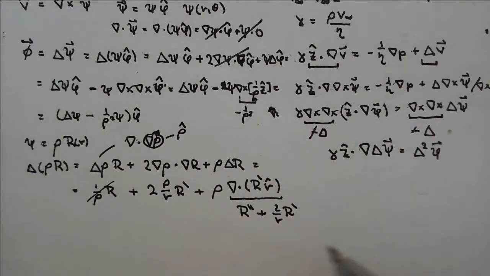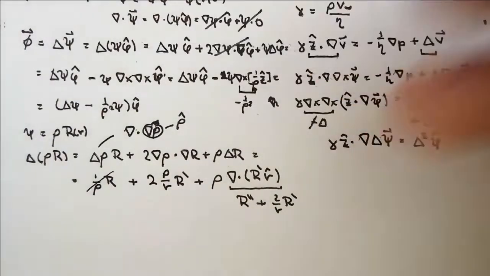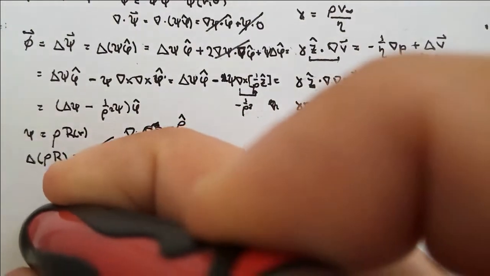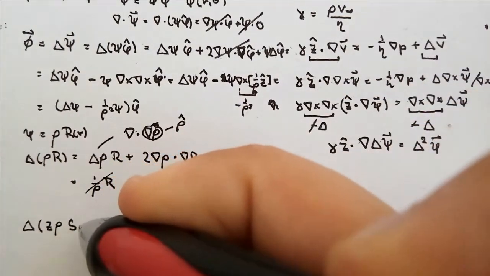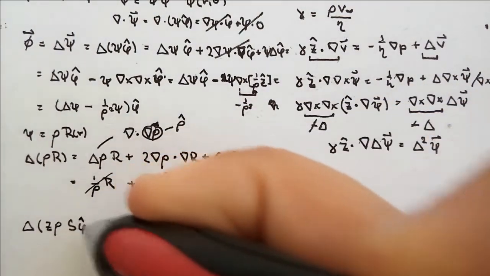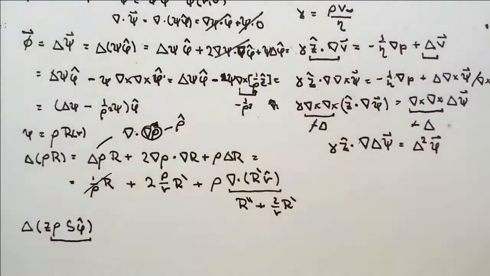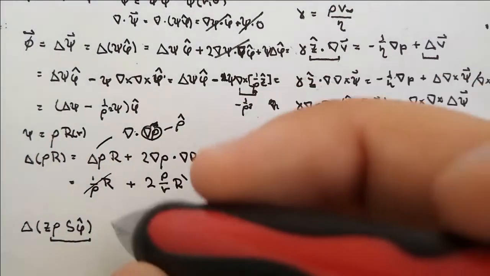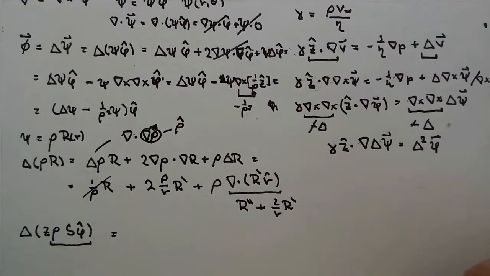The second equation I will use frequently is basically the same, but the special form of psi now will be this one. We will be computing the Laplacian of z times rho times some function s of r times phi. Already we know what this looks like, because the Laplacian of this is rho times s double prime plus 4 over r times s prime, so we can use it later, or use it now.